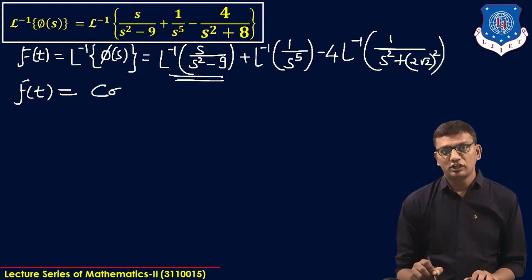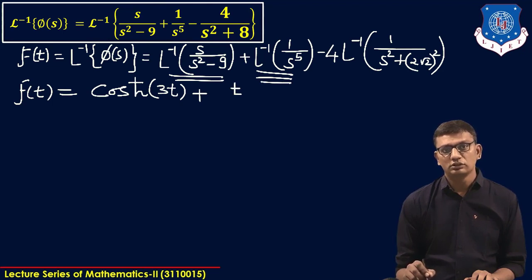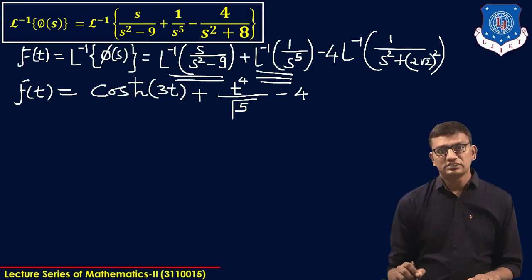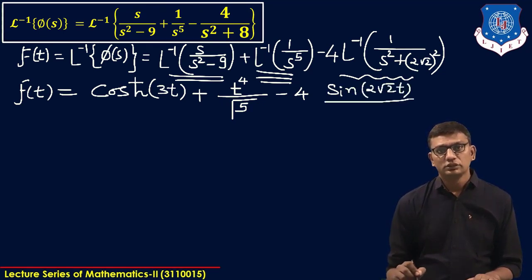Now inverse Laplace of s upon s square minus 9 is cos hyperbolic 3t, plus inverse Laplace of 1 upon s raised to 5 is t raised to 4 upon gamma 5, and gamma 5 can be converted into the factorial form, and finally the last term is the Laplace of sin t, so it is sin 2 root 2 t upon 2 root 2.